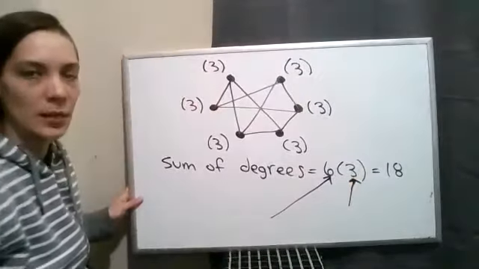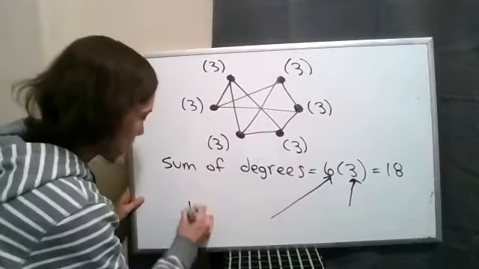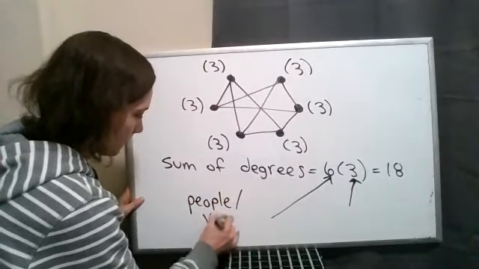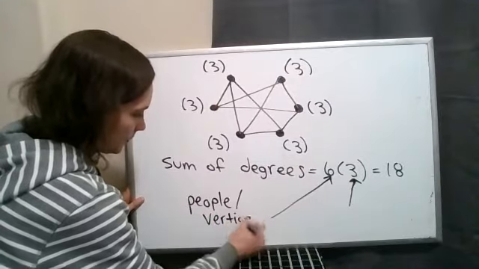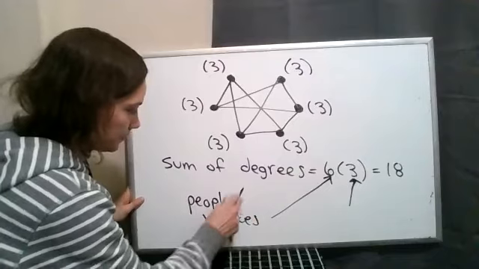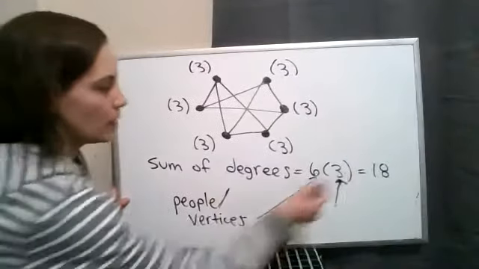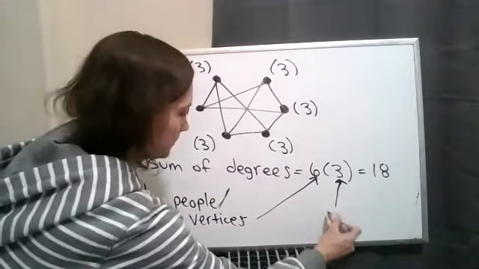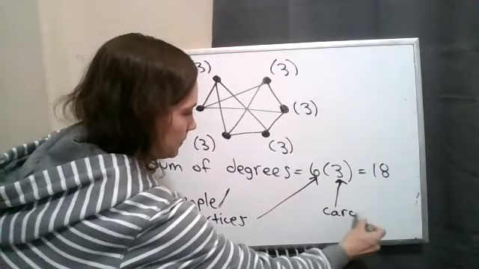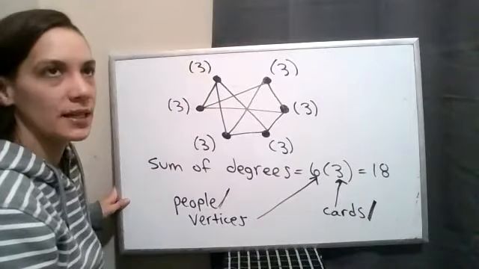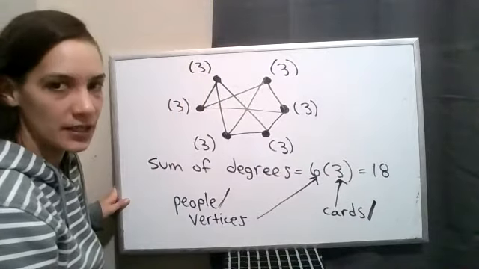Okay, so 6 represents the number of people, or vertices. 3 was for how many cards each got, which would be how many edges connected.